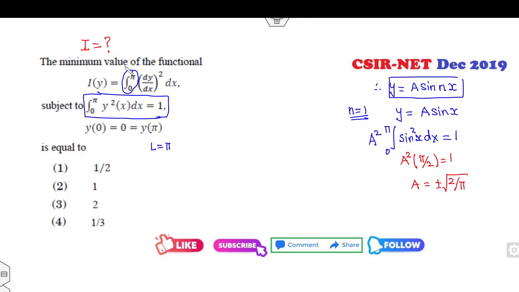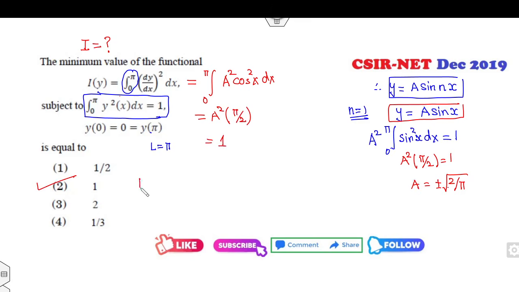Now your target is to find the value of I. So I can substitute this value. What is the value of y dash square? This is A square cos square x dx. Again use the orthogonal property, A square of pi over 2. What is A square? This number is 1. So option b is my right answer.